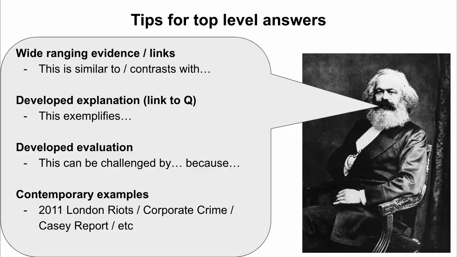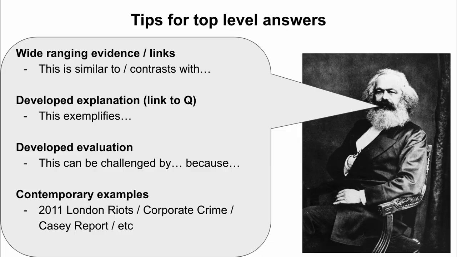And the final point, which I think is a really good way to show how you can link your sociological knowledge to the wider world and contemporary issues, is the use of contemporary examples. And that, again, counts as knowledge and understanding. This is something that examiners really, really look highly on. So I've done a separate video on the London Riots and linking the London Riots to lots of different perspectives.